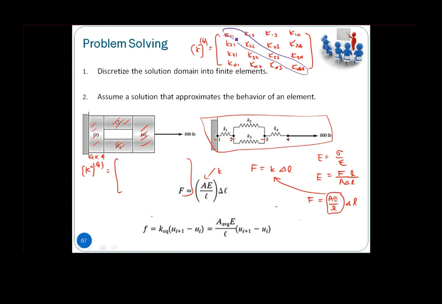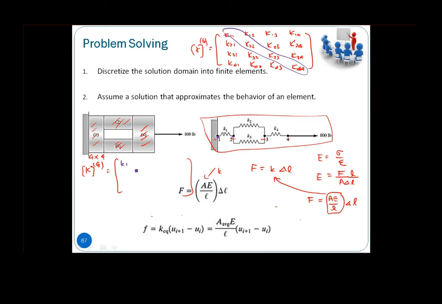In this case, if you want to find K11, we look into node 1 itself. What is the spring or the stiffness that is connected to node 1? It's K1. So we put K1 here. For node 2 itself, you have 3 springs connected to it: K1, K2, and K3.